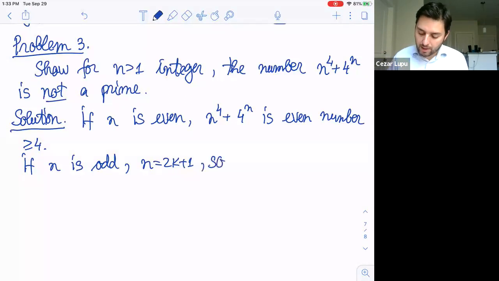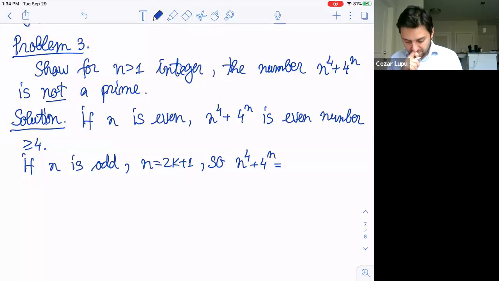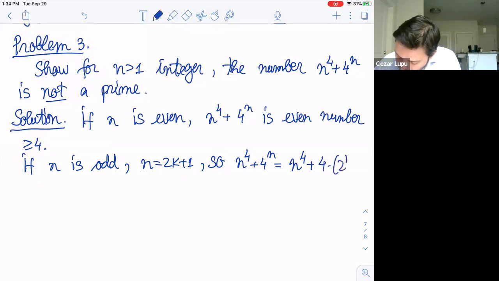This number, n to the 4th plus 4 to the n, can be written in the following way: n to the 4th plus, and then 4 to the power n, I will write as 4 times 2 to the k, everything to the power 4.